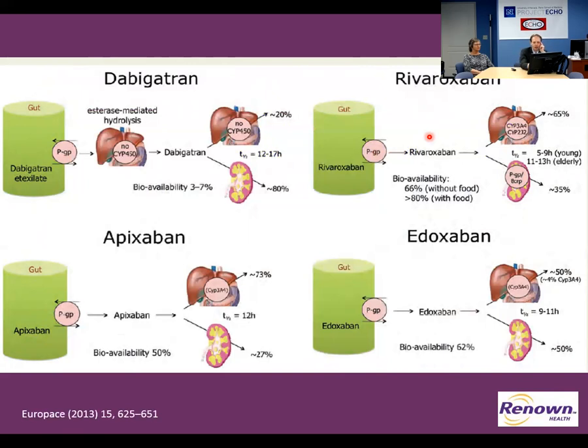If you give it without food, if the patient's fasting or something, it's about 66% bioavailable. But if you give it with food, it's over 80% bioavailable. The other agents don't have that type of difference in their mechanism. So Xarelto is given with dinner. You can give it in the morning with breakfast, but it's generally given with dinner because it's more bioavailable.